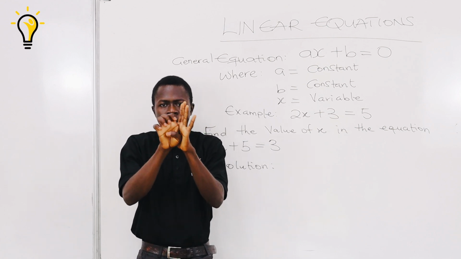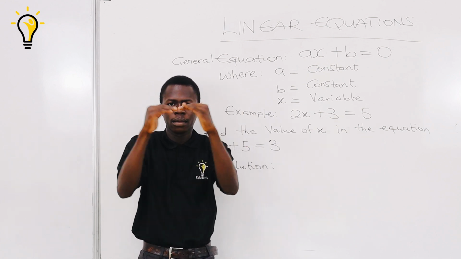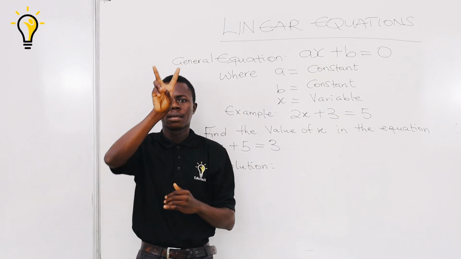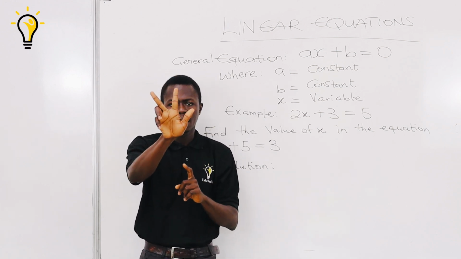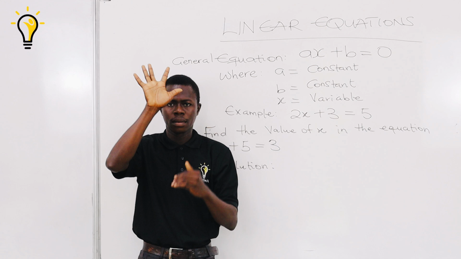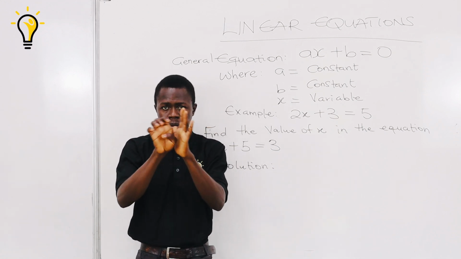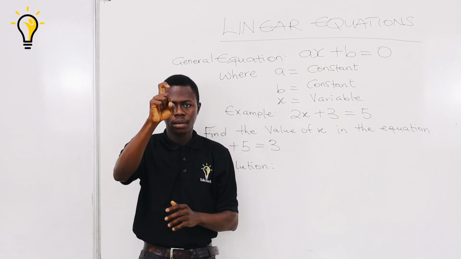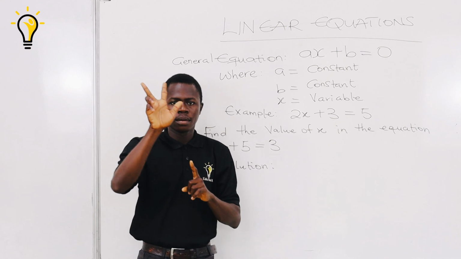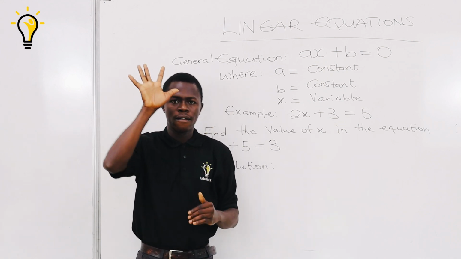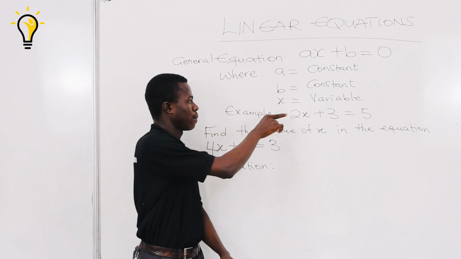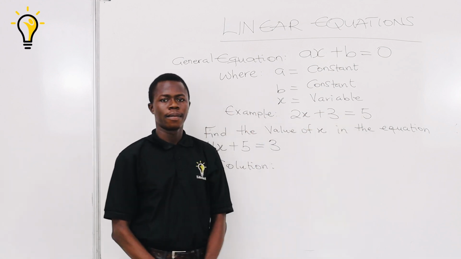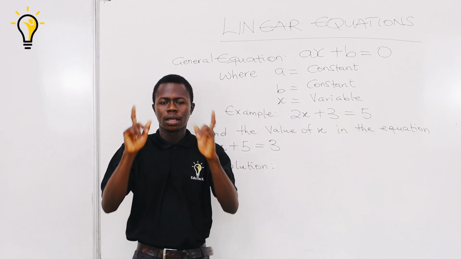An example of a linear equation will be 2x plus 3 equals 5. Again, 2x plus 3 equals 5. So now you can see it fully expressed on the board.